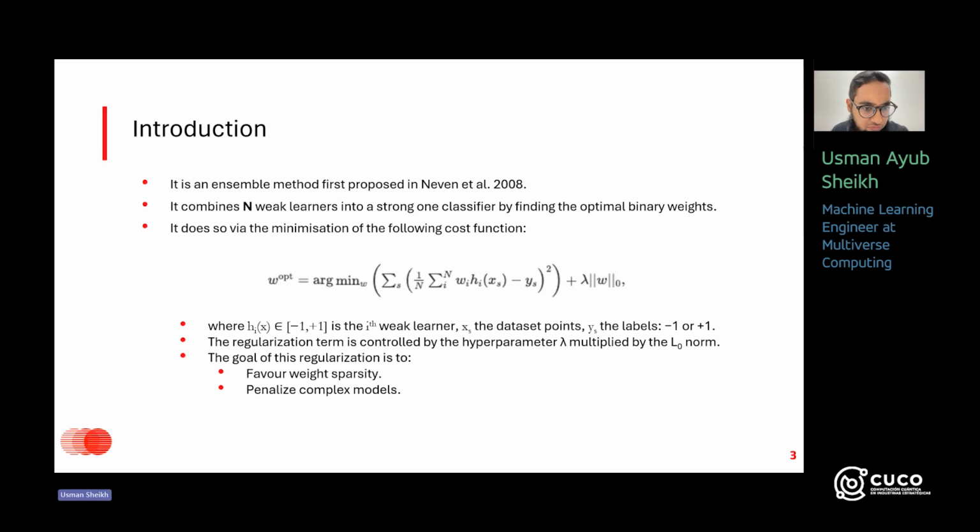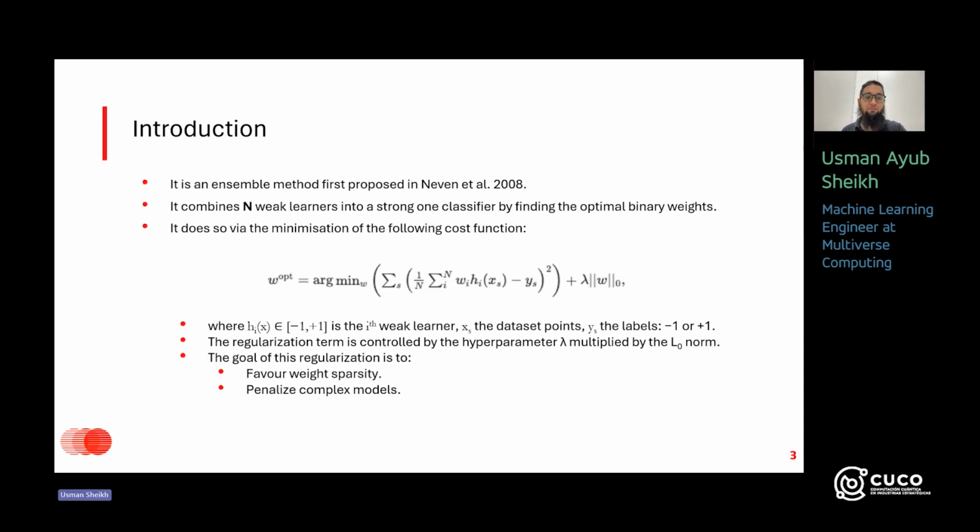Now, I would like to describe a bit the terms here. The hi of x is an array of the size of the data set. So if the data set contains 1,000 examples, hi would have a size of 1,000, and each value is either 1 or -1, which corresponds to the binary classes.